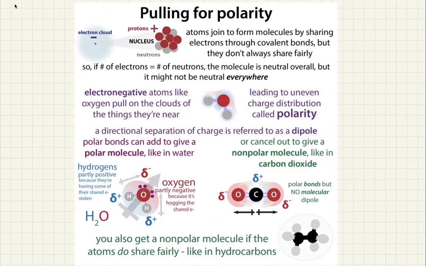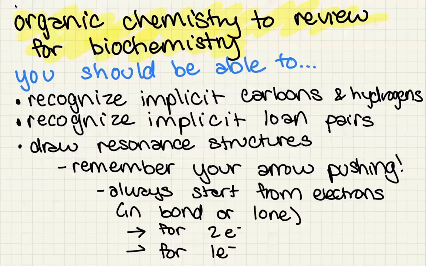We'll be talking a lot about this idea of electron density rather than individual electrons. Let's talk about how we can recognize and get practice with drawing in implicit carbons and hydrogens, as well as implicit lone pairs and implicit charges. And then we'll talk a little bit about resonance structures.